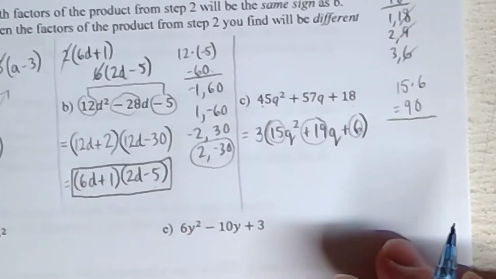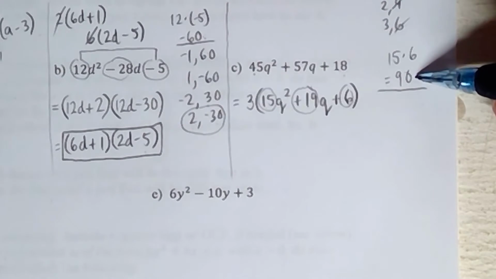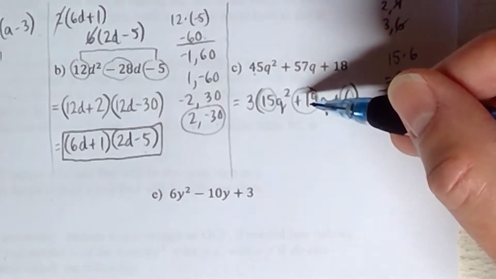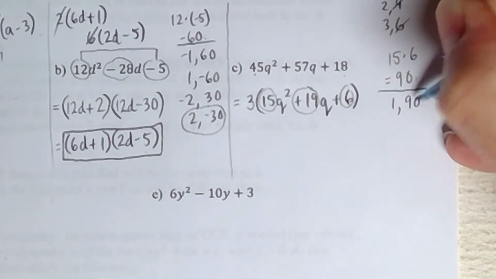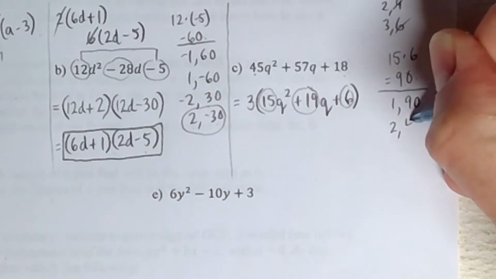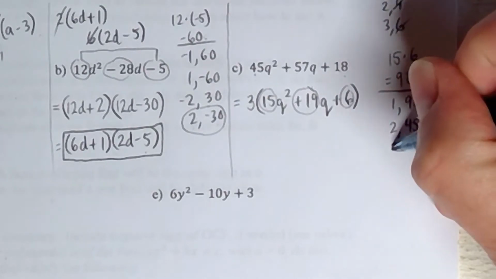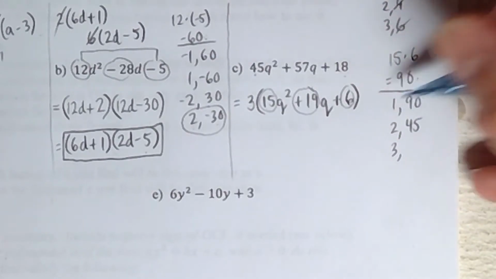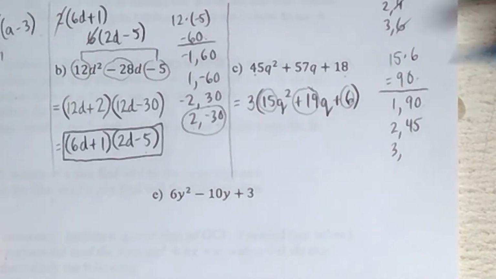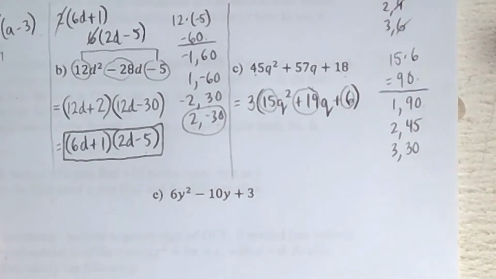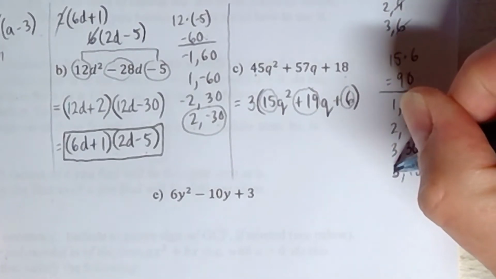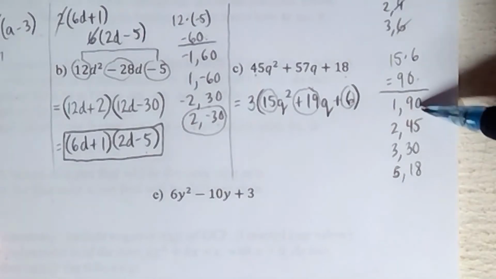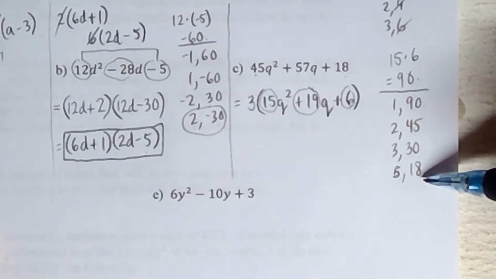So what you've got to do when the number at the top is positive, and the middle number is also positive, is that you have to do positive times positive here. It's the same pair of numbers as the first problem because it's still 90, but you're just doing different signs. None of these add up to 19 yet, do they?